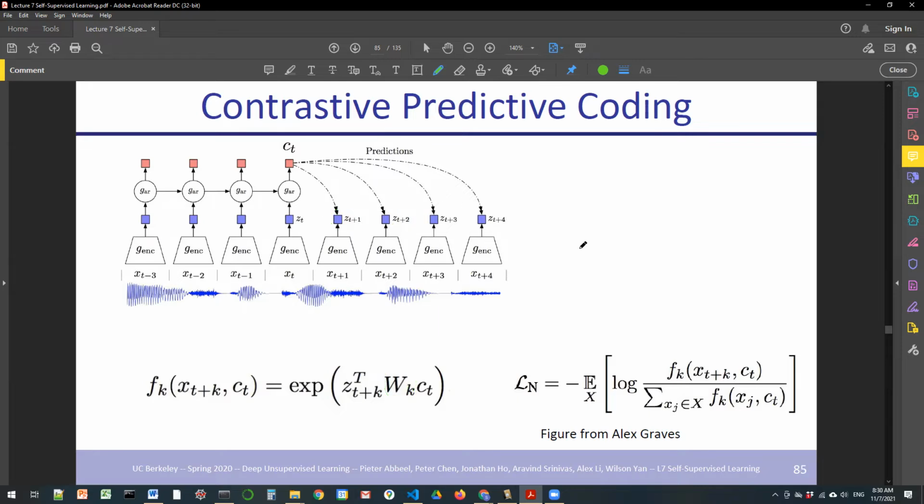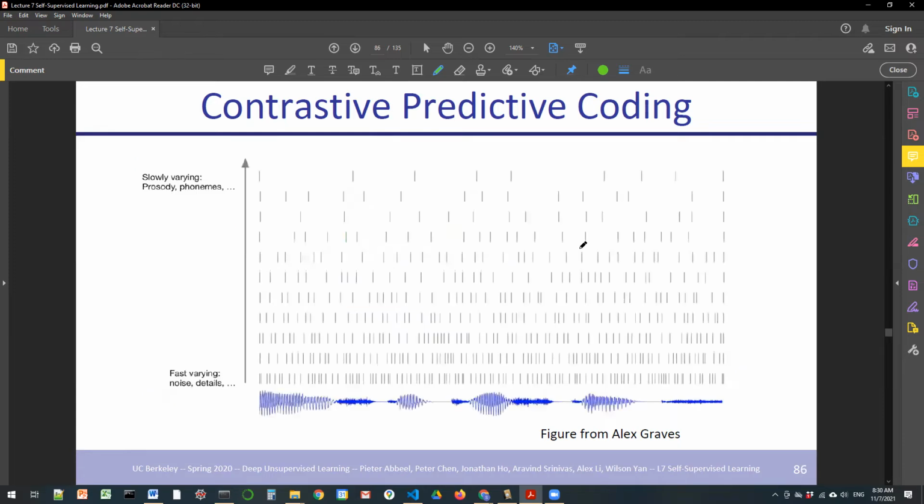So you can also see this diagram tries to explain conceptually what the network that we have, which is the encoder network followed by the autoregressive model on top of it, is actually learning.